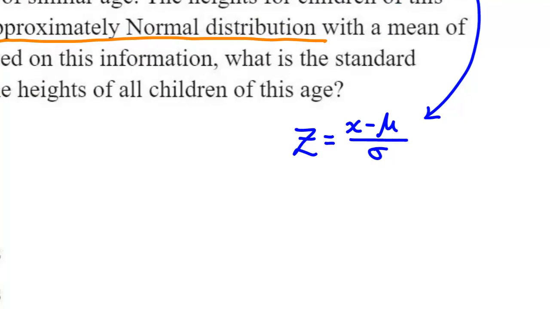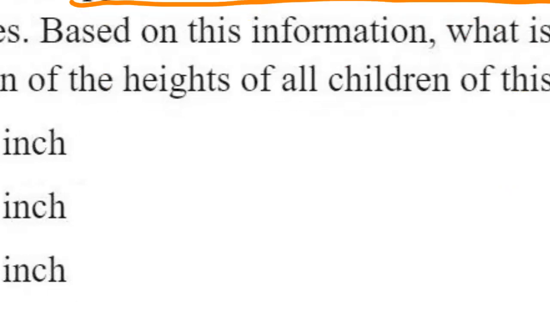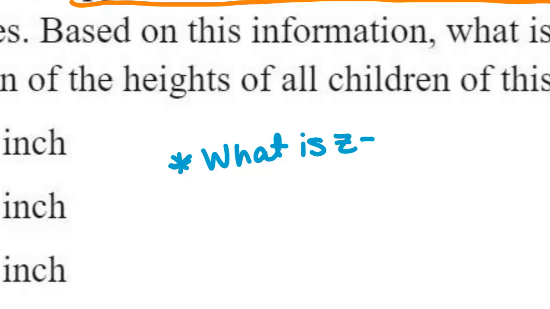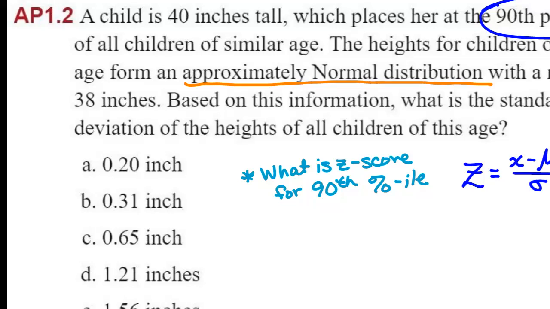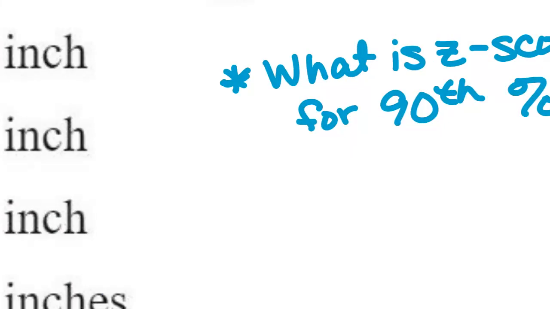I need to figure out what is the z-score for the 90th percentile. There's a couple different ways you can go about doing this. You can look it up in table A, in the middle of table A.